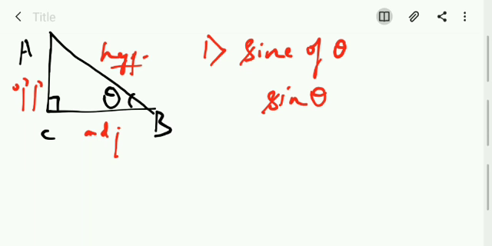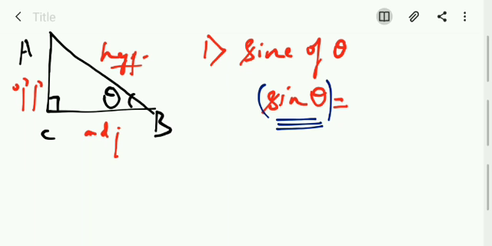Okay, now what is the definition of this sine theta? Please make sure you need not write the full form, so you can also name it as sin theta, even in this form as well.